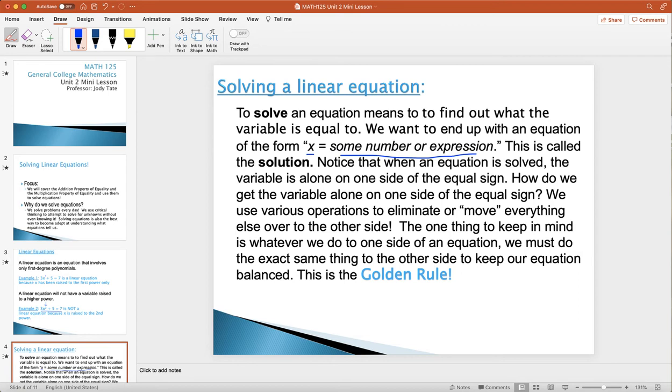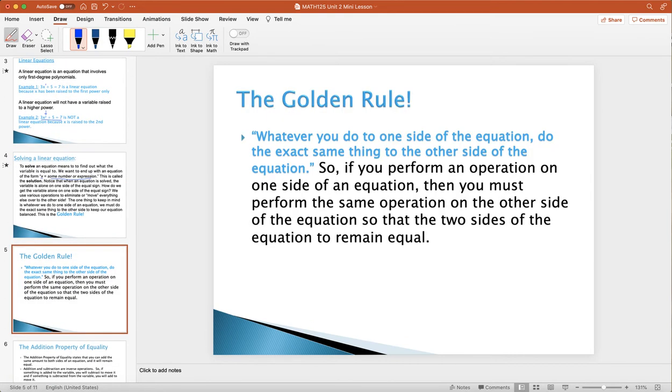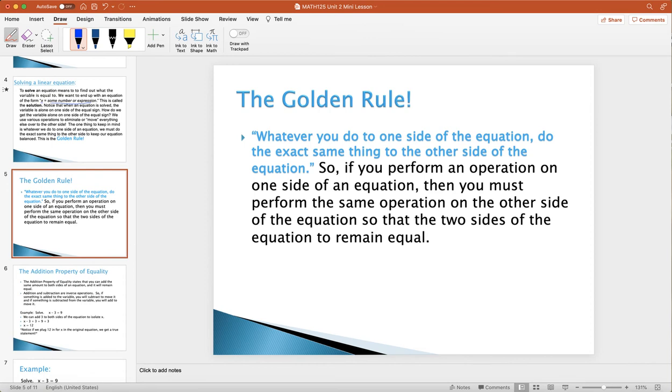But if you remove, say, 2 coins from the left side and you also remove 2 coins from the right side, your scales remain balanced. So that's a good visual to remember as you're going through this. So whatever you do to one side of the equation, you must do the exact same thing to the other side. If we would add something to the left, we must also add something to the right.